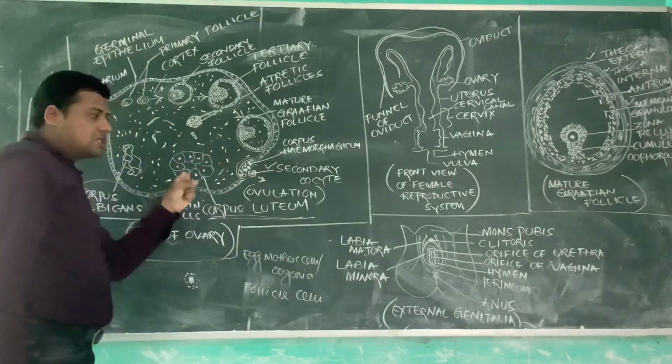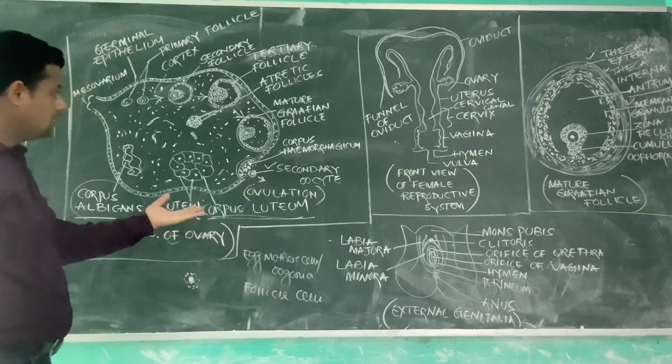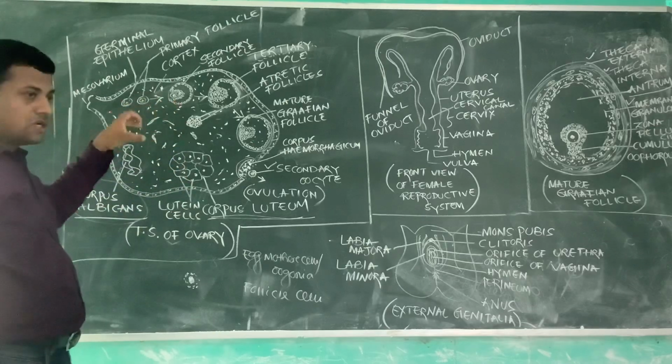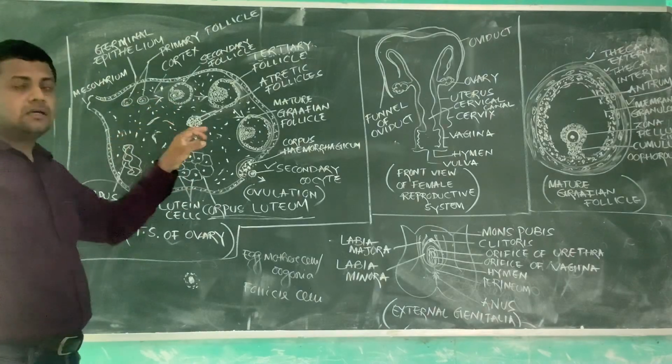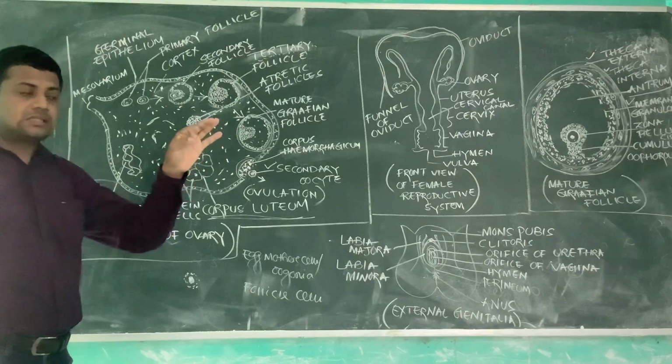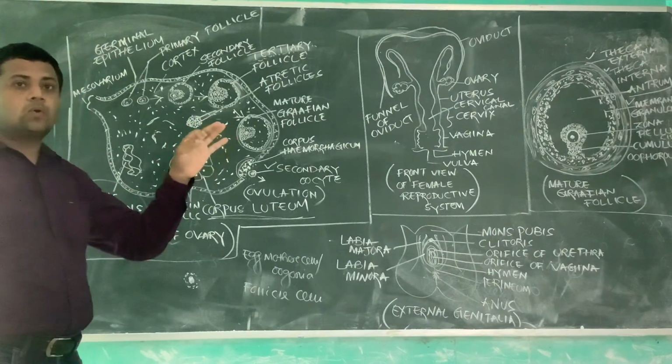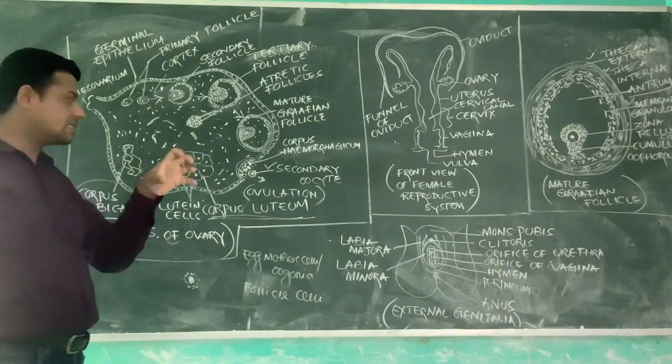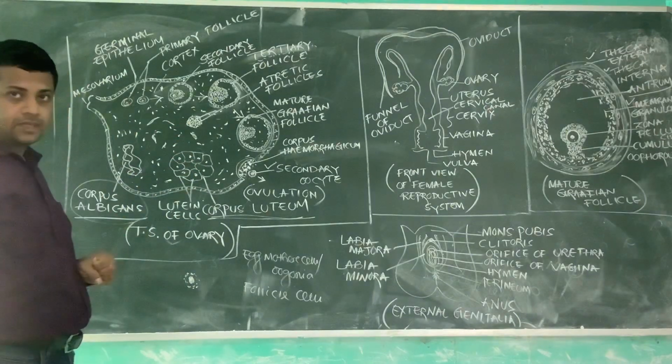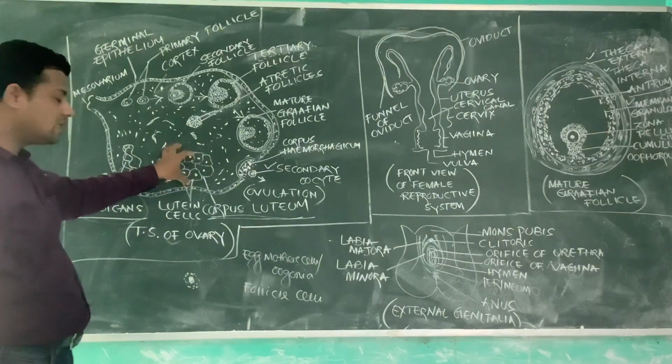The reproductive function is already discussed, and the endocrine function is the hormones estrogen, progesterone and relaxin, which are secreted from ovary, mostly secreted from corpus luteum.